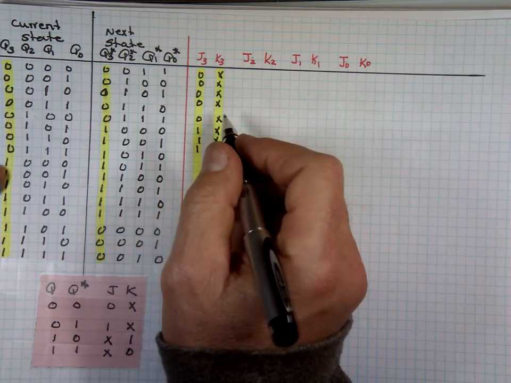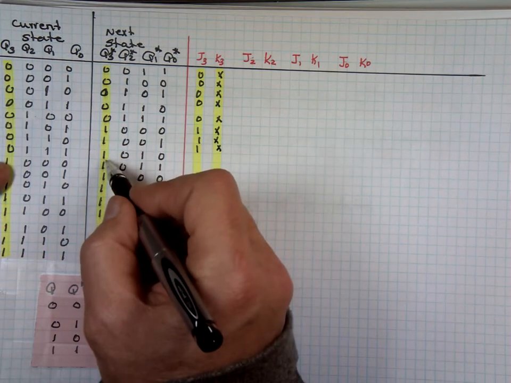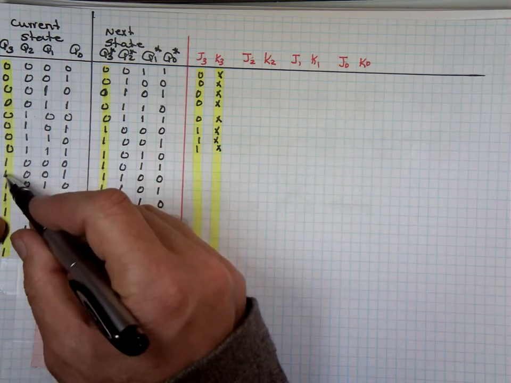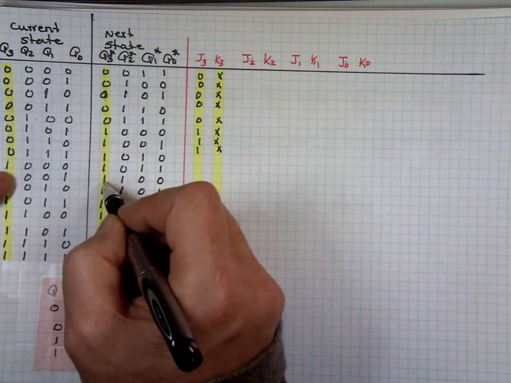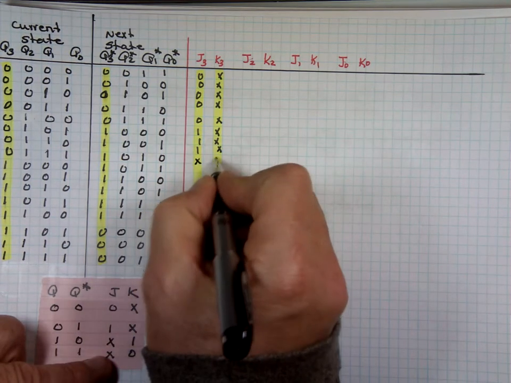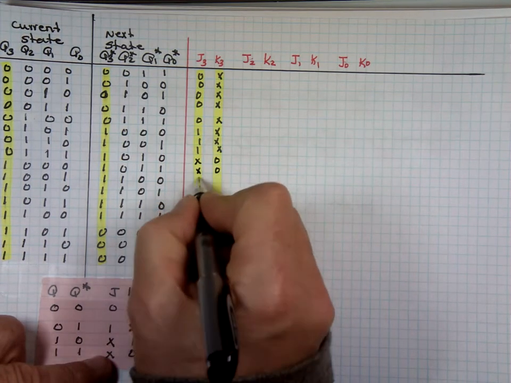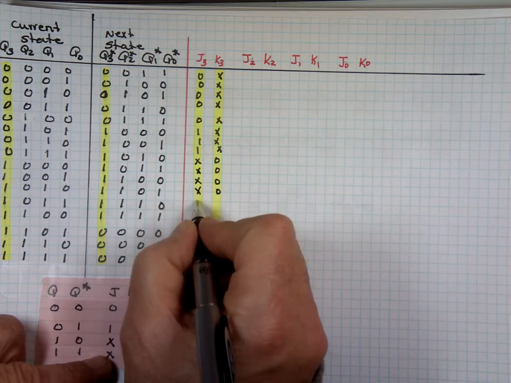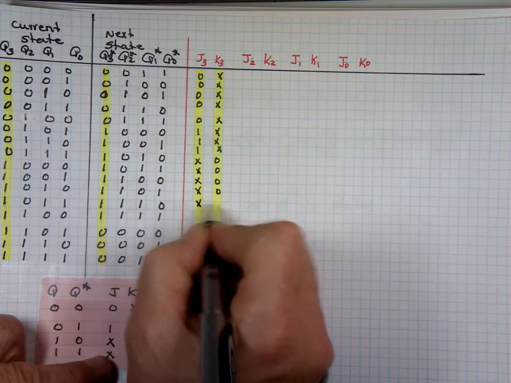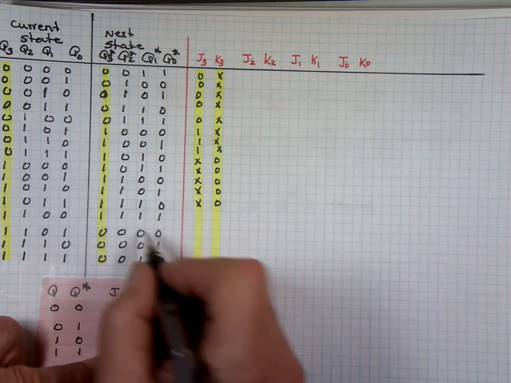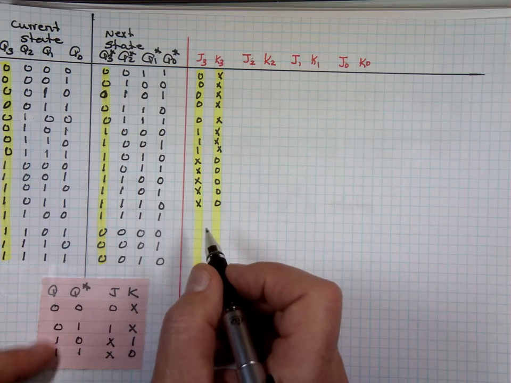Then I see, how many? 5 of them? 1, 2, 3, 4, 5. 5, 1 to 1. Don't care and 0. Then the last 3, 1 to 0. Don't care and 1.